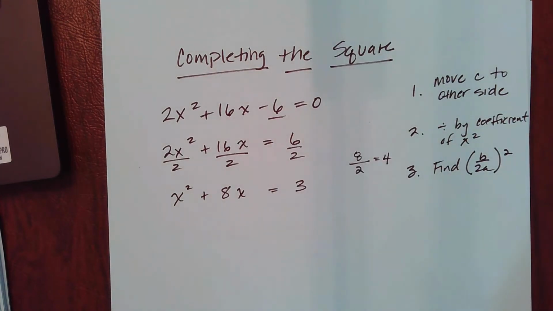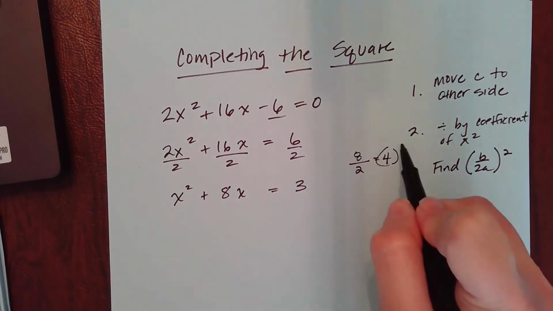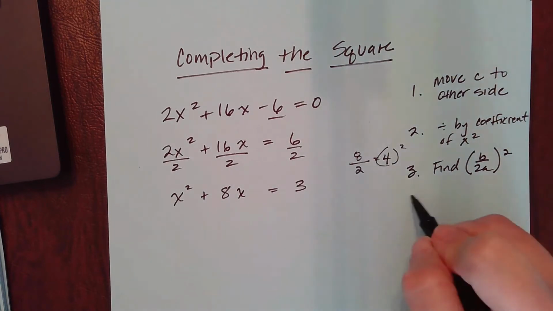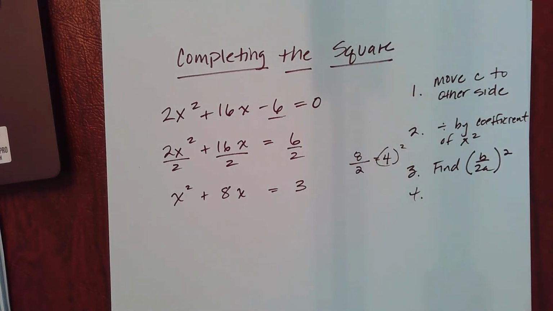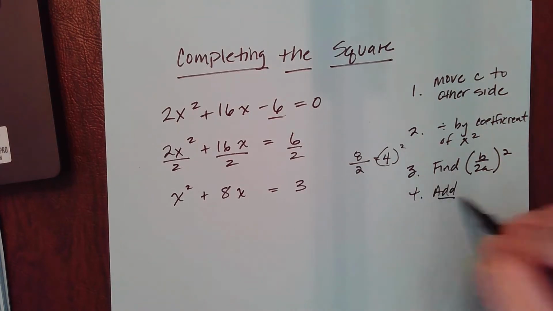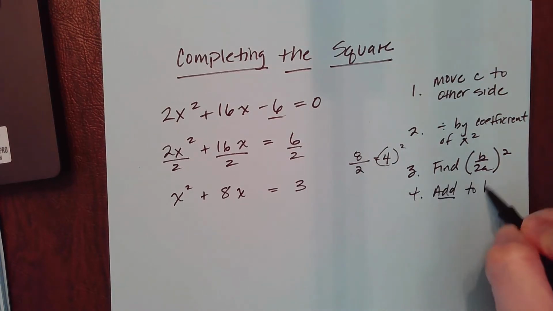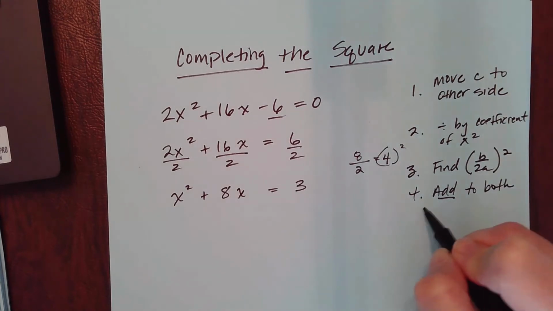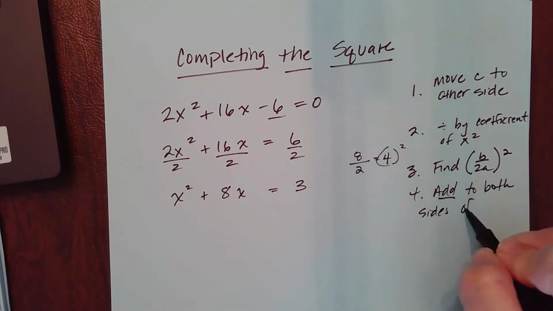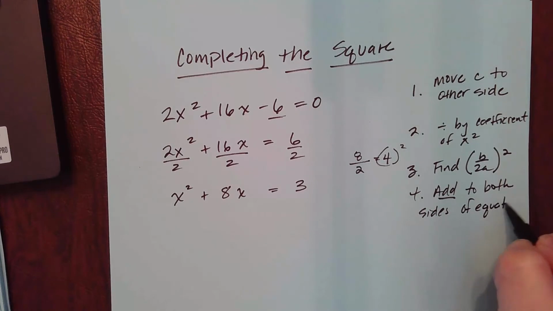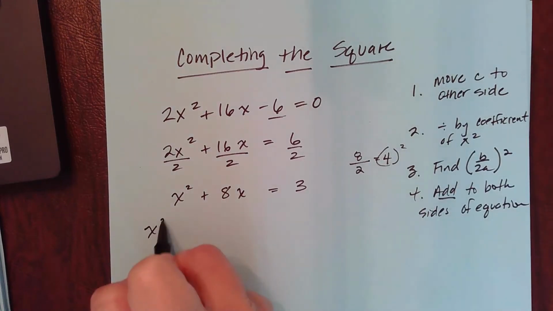So I get 4. And then if I square it, I get 16. So once I find b over 2a and then square it, I'm going to add that value to both sides of my equation. So it's going to look like this.